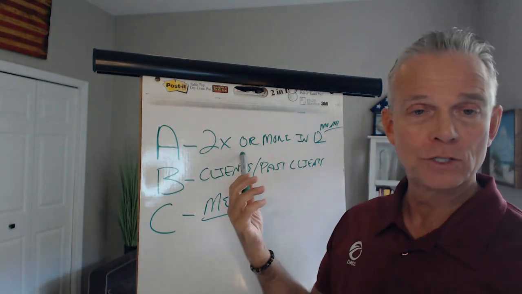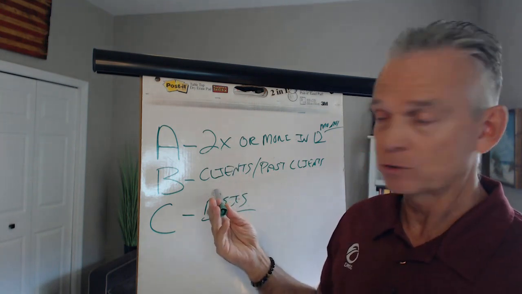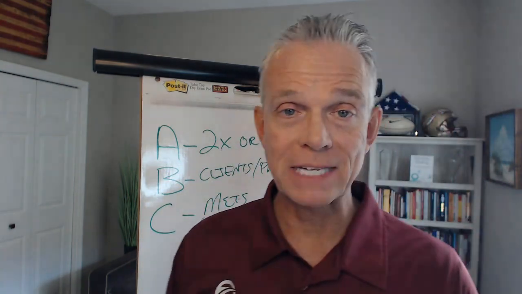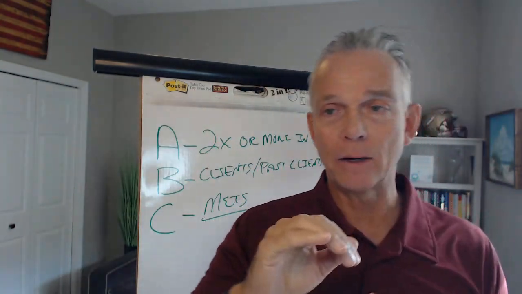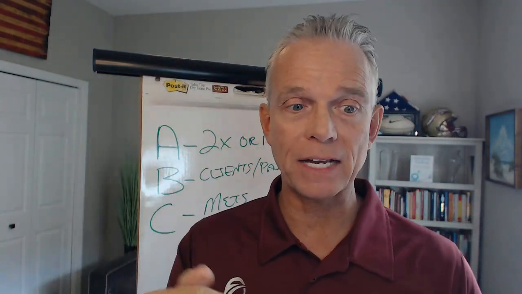Hey, are they referring us 2 or more times a year? Nope. Are they a client? Yeah, they're a past client. Great. Stop. You don't have to go any further. Add the tag or category to them. Boom, we go down to the next one, right?